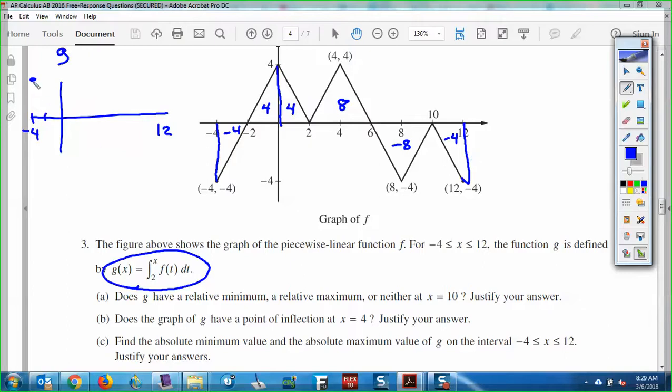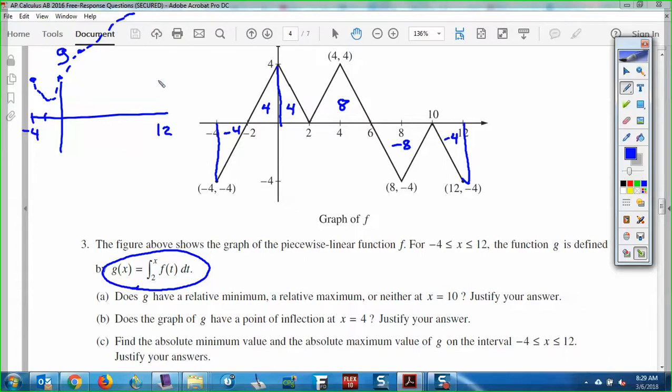Let's say we know this starts here. What's going to happen to this graph? It's going to go down 4, then what? Up 4, then up 4 more, right? So up 8, but I'm just going by each little piece. Then what? Up 8 more, then what?